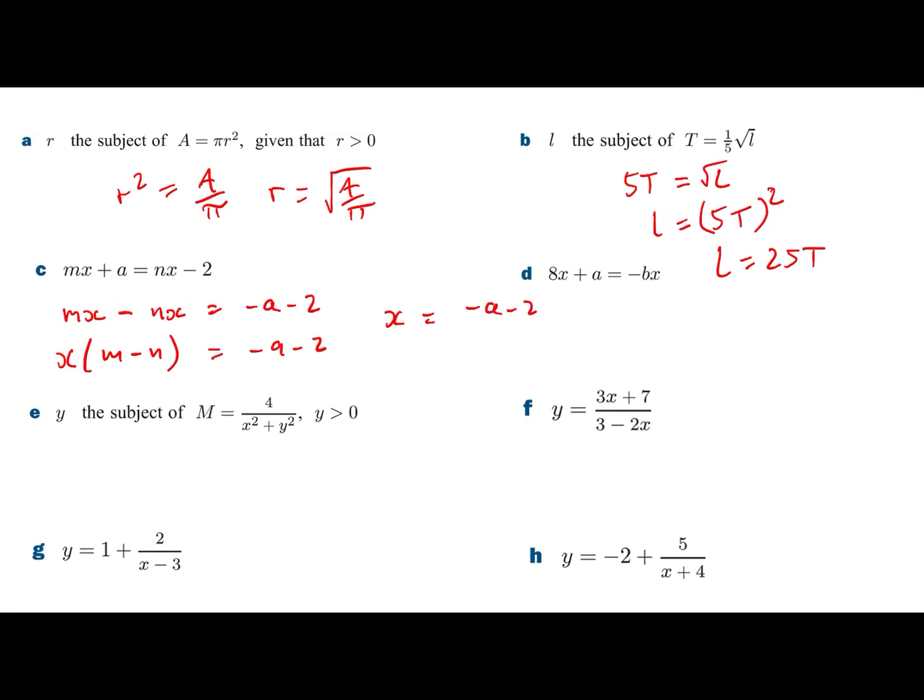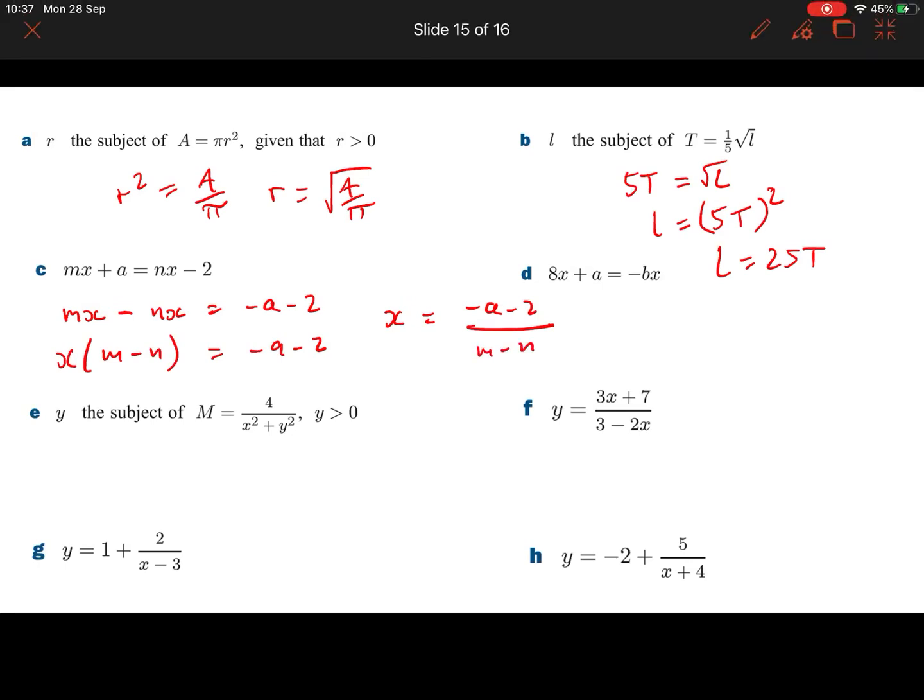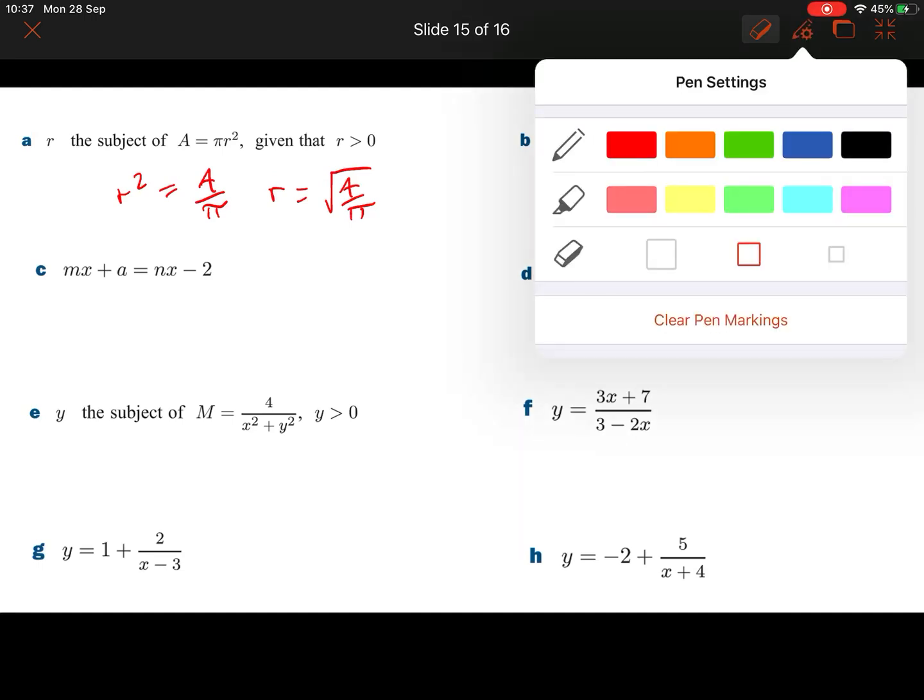So x equals negative a minus 2 over m minus n. You may have got a different answer. If you've got this answer, x equals a plus 2 over n minus m, that's actually the same answer. Hopefully you can see why. If you're unclear, let me know.